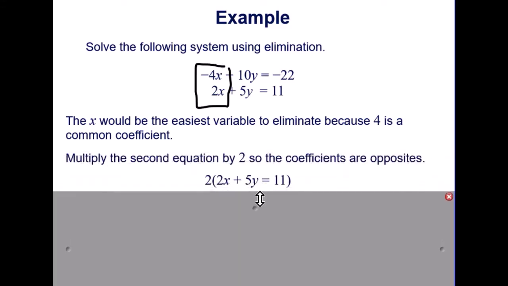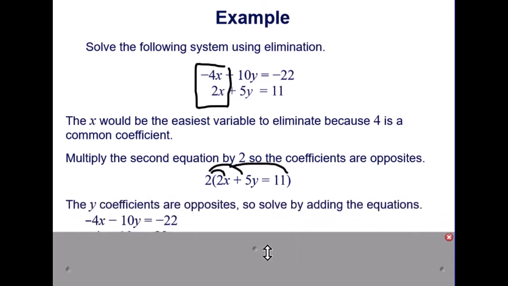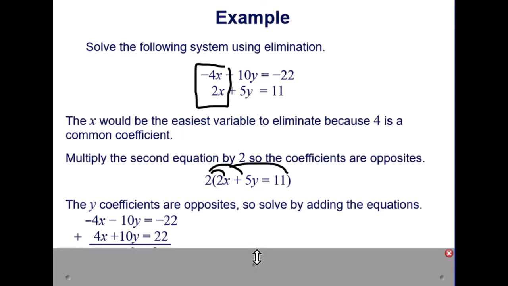So we'll multiply the second equation by 2. We'll distribute through. That creates 4x plus 10y equals 22, and the first equation is negative 4x minus 10y equals negative 22.